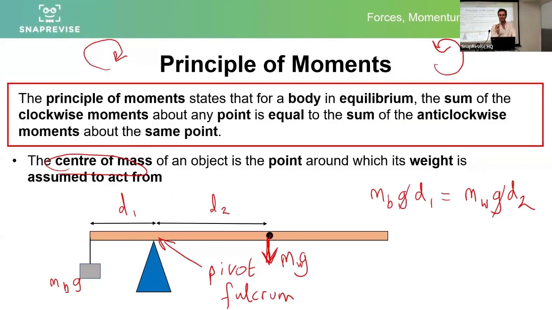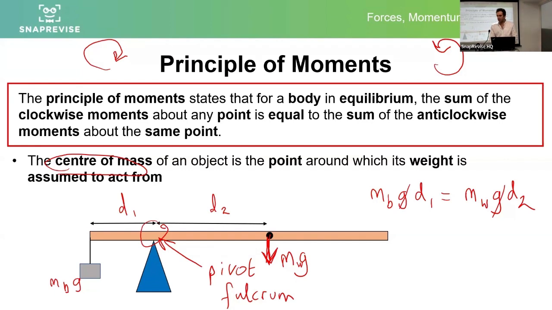Now I chose to take moments around the pivot in this case, partially because that feels like the obvious place to do it, but we'll see later on that, given that a moment is defined as force times the perpendicular distance away from whatever pivot you are considering, built into that definition is an implied choice of pivot.